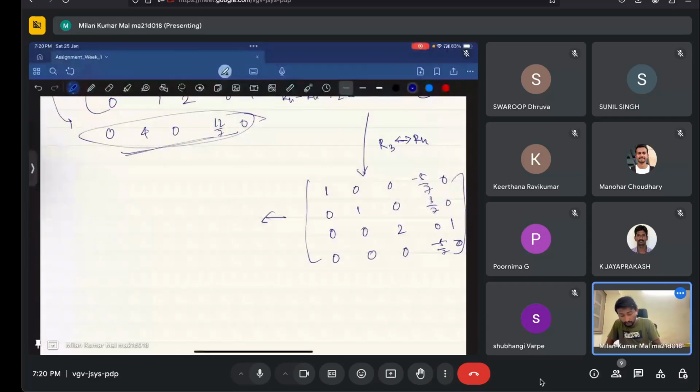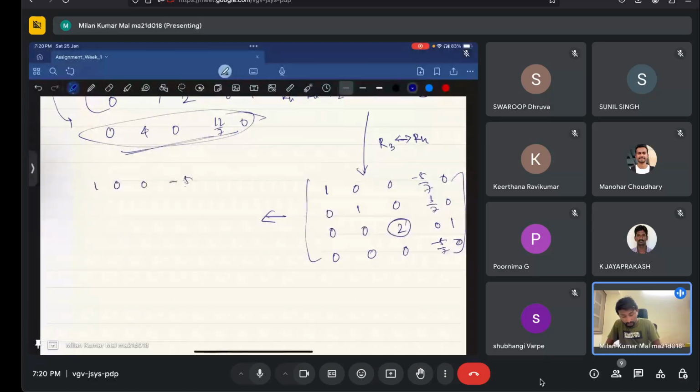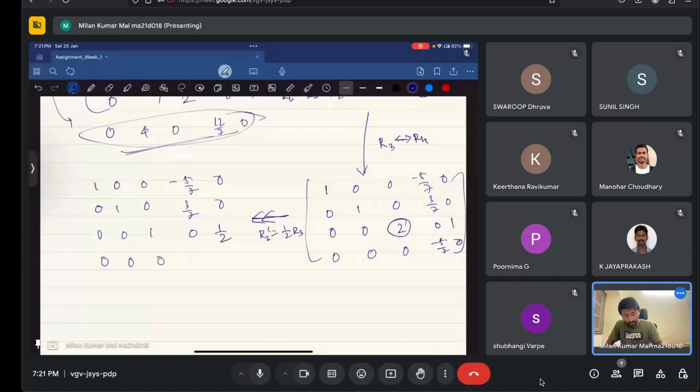Let's do it. Here it will be half, so we are just replacing r3 dash equals 1 by 2 r3. This is what we are doing. 0 0 0 minus 5 by 7 0.